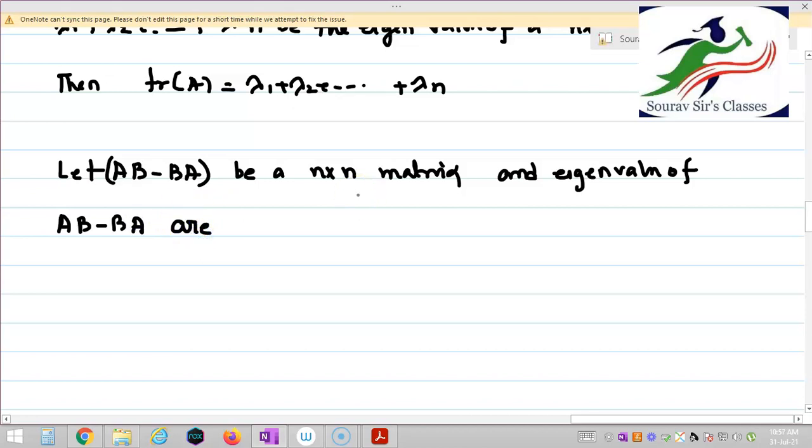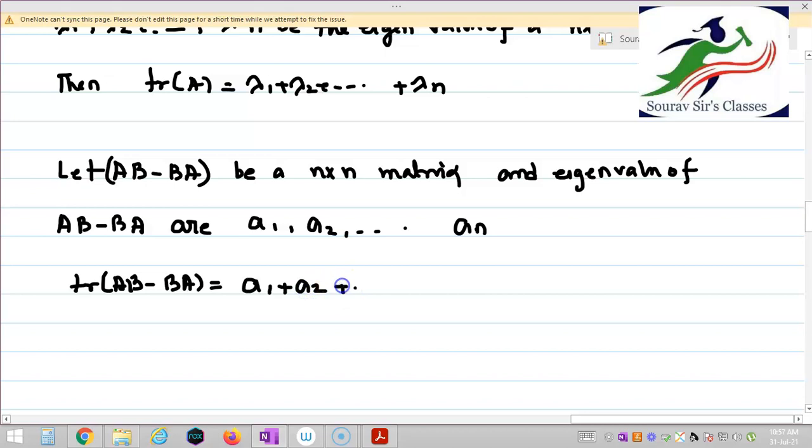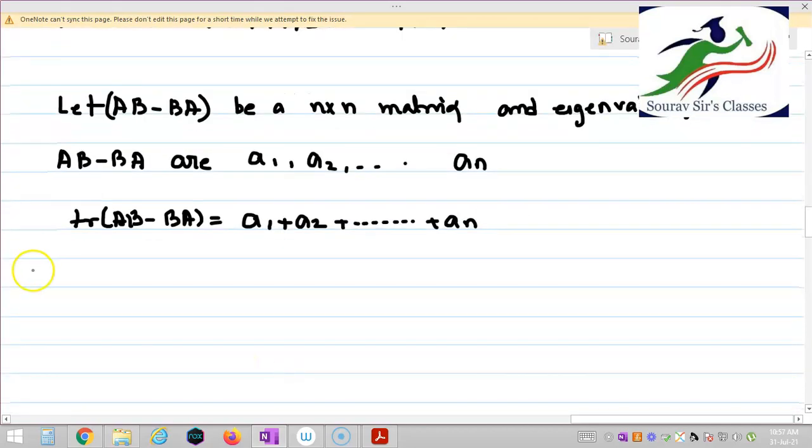So I am considering the eigenvalues to be A1, A2, up to AN. As this is the matrix whose eigenvalues are A1, A2 up to AN, the sum of these eigenvalues is equal to the trace of this matrix. So I can write trace of AB minus BA is equal to A1 plus A2 up to AN.